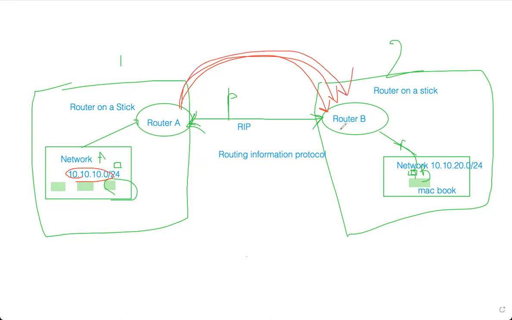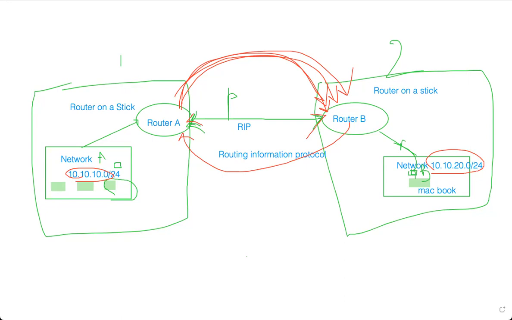Similarly, router B will say, hey, I have one of my internal networks, that is 10.10.20.0/24. That is my network. So they both exchange their routes between them after forming the neighborship. To form the neighborship, what is the configuration, guys? The configuration is very simple.